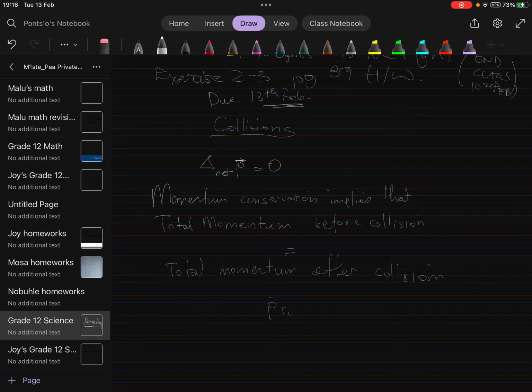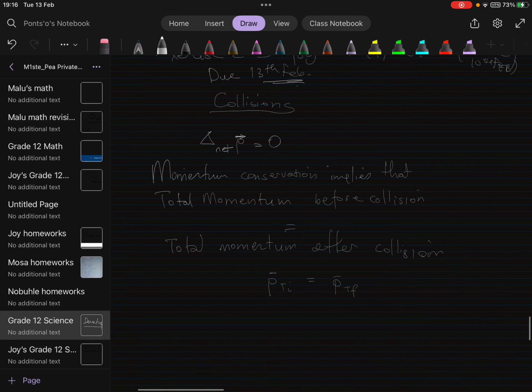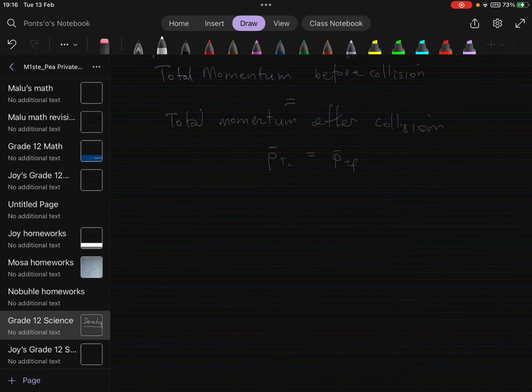The mathematical way to express it is momentum total initial equals momentum total final. So before and after a collision or explosion, the total momentum is the same.